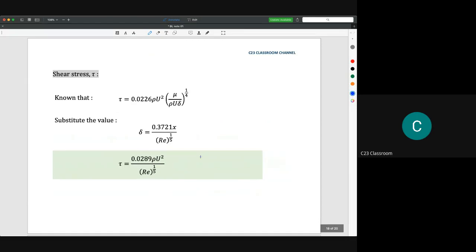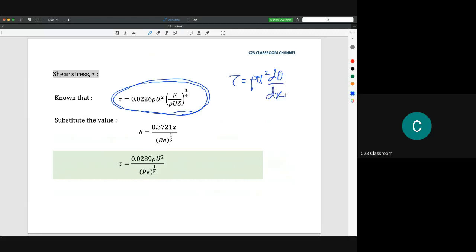Okay, and then the shear stress. For shear stress here, please use the shear stress given by Blasius, because the shear stress from von Karman, tau is equal to rho u square d theta dx, is not completely solved because it still has the term d theta dx.